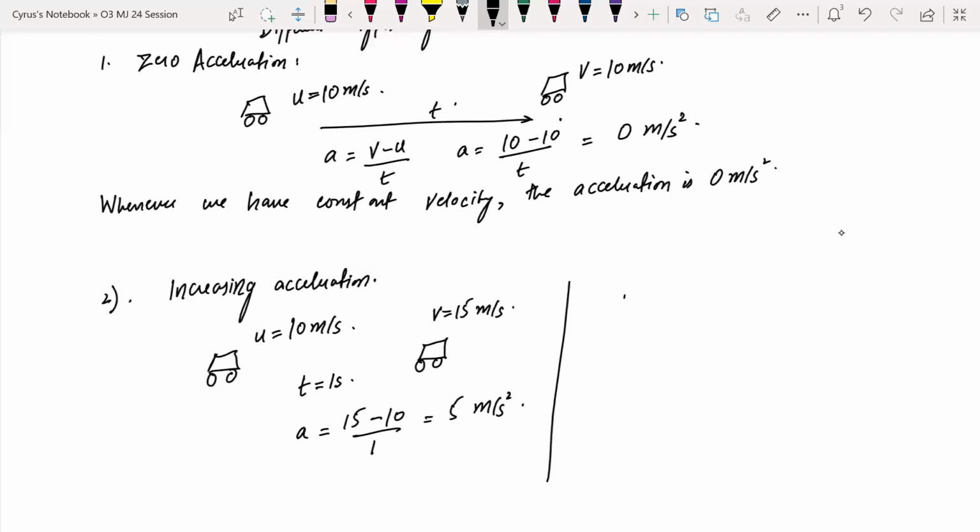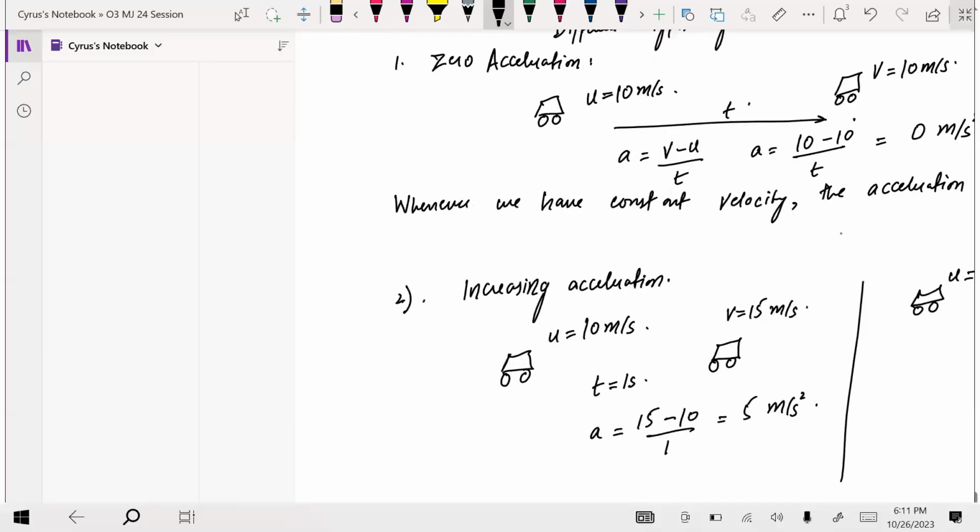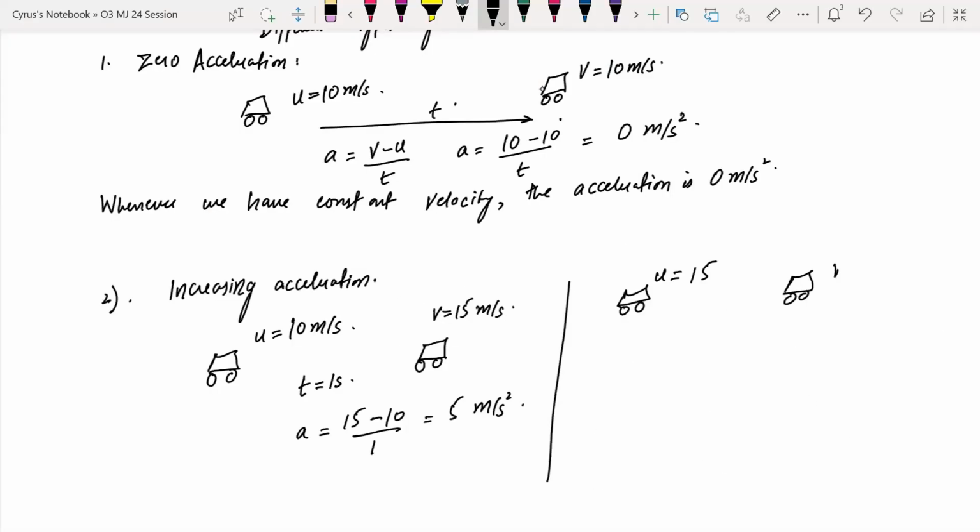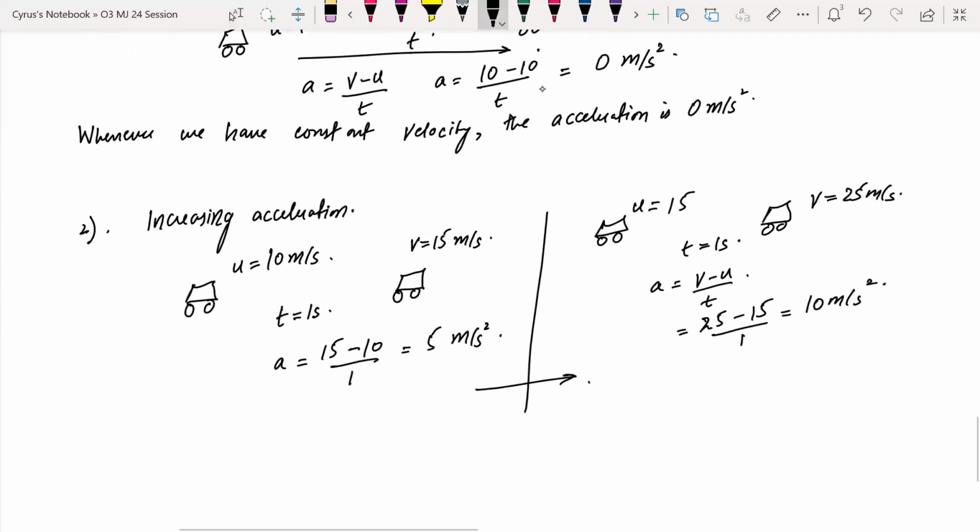If, however, the velocity goes from 15 to 25, and the time is 1 second, so A is V minus U over T. So this is 25 minus 15 over 1, which is 10 meter per second square. तो आप देखें क्या हुआ है, ये इंक्रीजिंग एक्सेलरेशन पहले से ज्यादा हो गई, ठीक है? तो इस तरह से हम इसको करेंगे.